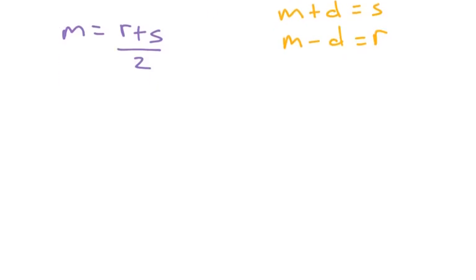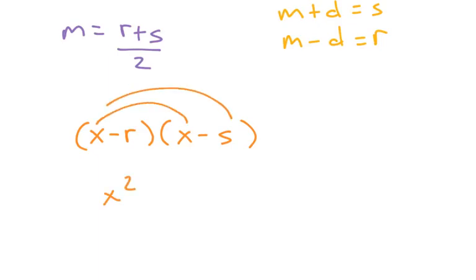What I want you to realize is that another way of thinking about all of this is if we have x minus r times x minus s, if we multiply this together, we get x squared. Let's just FOIL it out. We'll get minus sx minus rx plus rs.